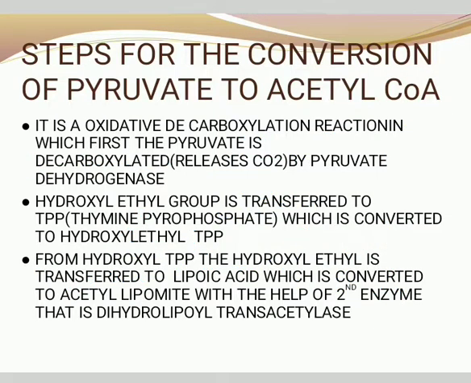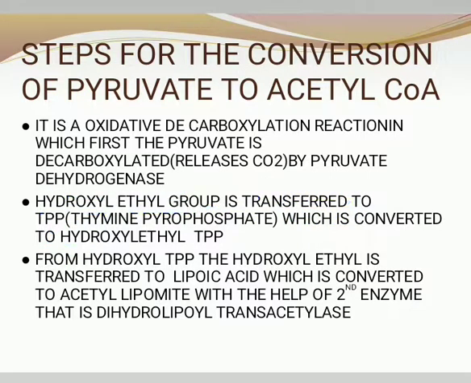Then hydroxyethyl group is transferred to TPP. First of all, it is an oxidative decarboxylation reaction in which first the pyruvate is decarboxylated, releases carbon dioxide by pyruvate dehydrogenase. Hydroxyethyl group is transferred to TPP.